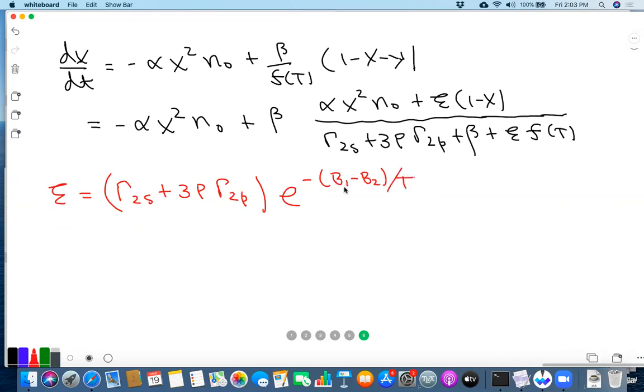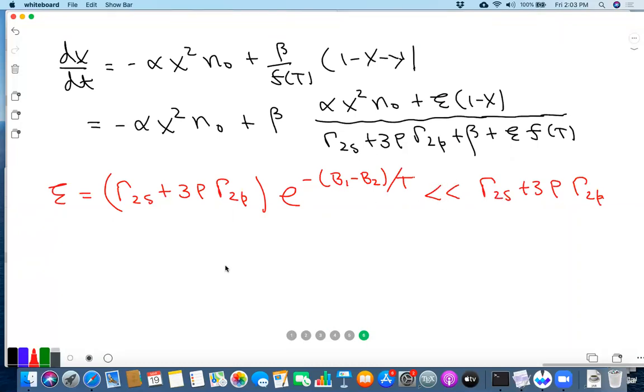So in the temperature range of interest, this is a very small number. So this is much smaller than gamma 2s plus 3p gamma 2p. And f of t, of course, is just a finite number, right? We saw that it's of the order of 4, coming from the 2s and 2p systems.